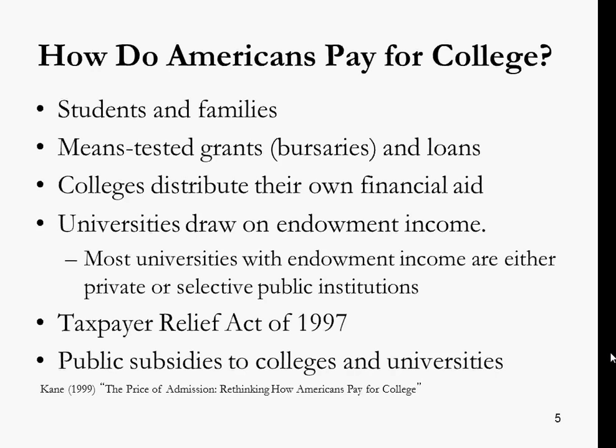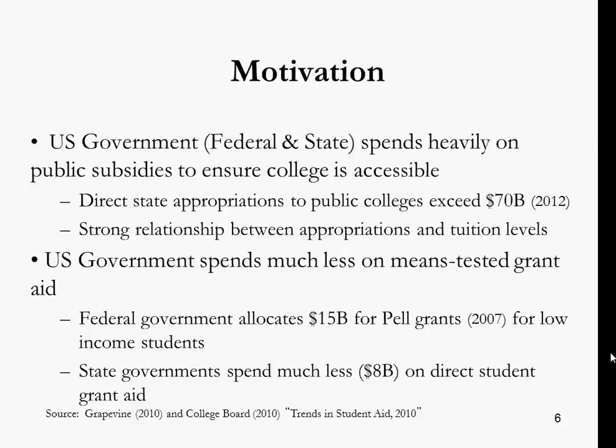And that's one thing that we're going to mainly focus on today. Again, the amount of these subsidies is pretty much the main way that the government helps individuals pay. So, for example, in the US in 2012, there was about $7 billion in these sorts of subsidies through state appropriations.